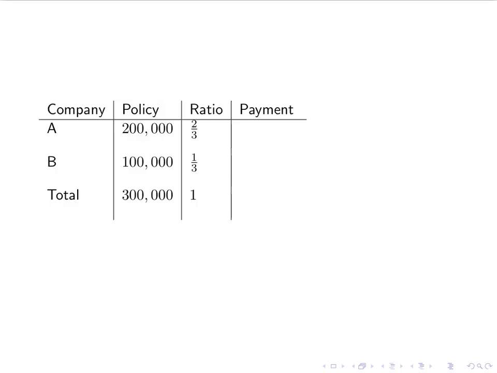Again, those are fairly straightforward fractions, 2/3, 1/3. Add them together, I do get 1. And then I'm going to take the ratio and multiply again by that 150,000, that 5/6 of the loss. And I should be getting 100,000 and 50,000, which do add up to the 150,000. So don't forget to do that coinsurance part first.